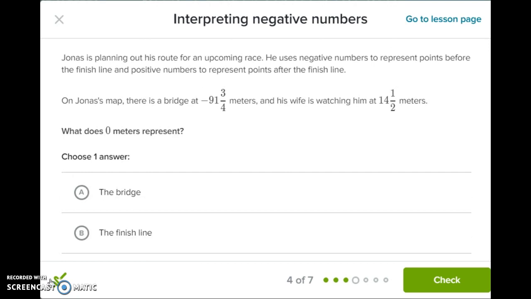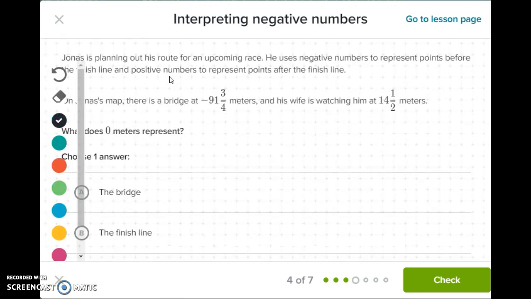As you know, 0 means just nothing. But in this context, it can't mean nothing. So you need to take note of the negative here. There's a bridge before the finish line, and Jonas's wife is watching him after the finish line because there is no sign here.